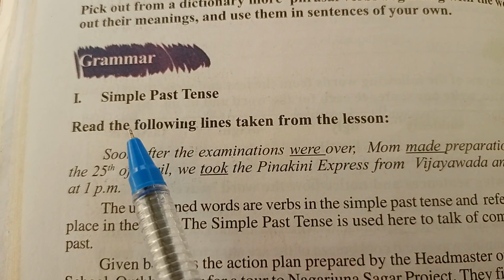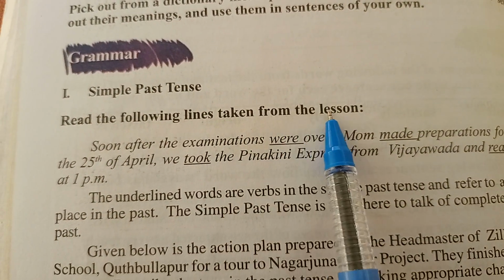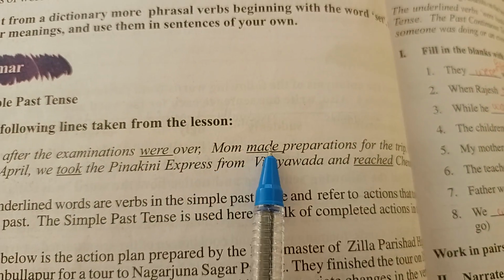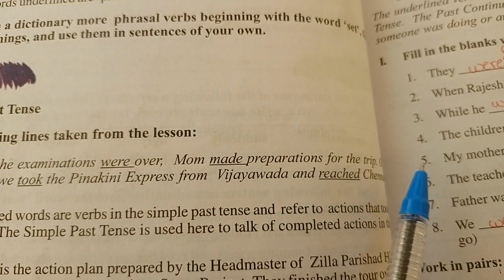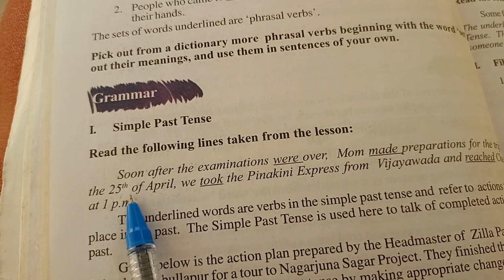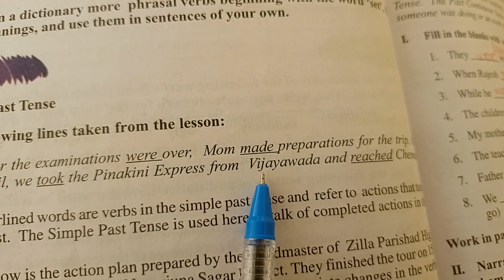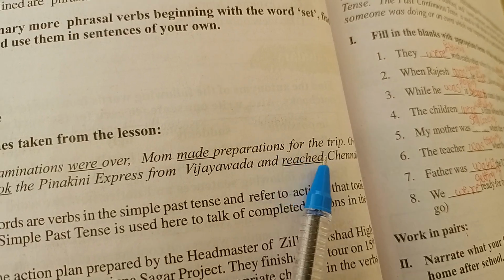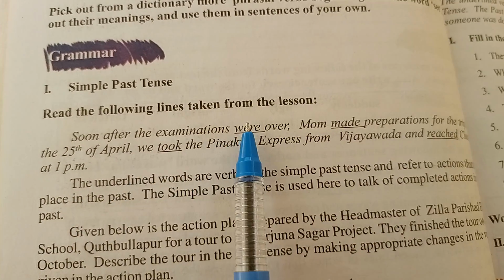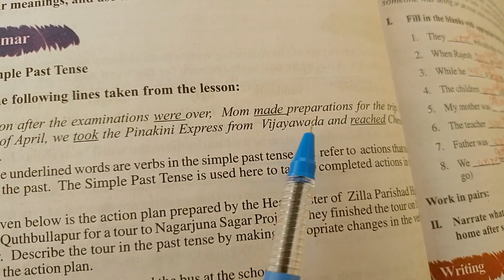Grammar. Simple past tense. Read the following lines taken from the lesson. Soon after the examinations were over, Mom made preparations for the trip. On the 25th of April, we took the Pinakini Express from Vijayawada and reached Chennai at 1 p.m. The underlined words here are made, took, reached.